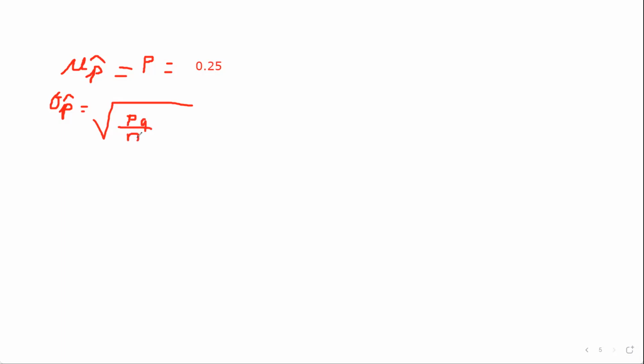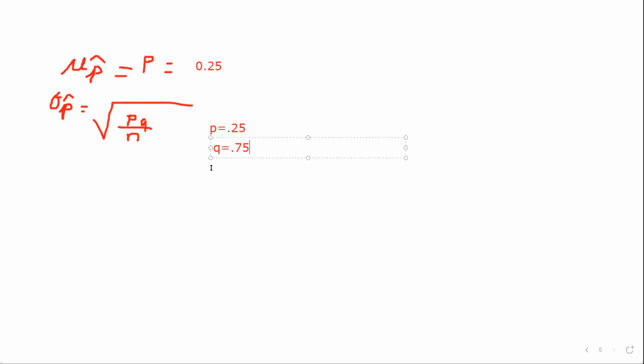Do I know what P is? Yes, it's 0.25. What's Q? Q is 0.75. Just like before, if you forget, you can get it from your assumption step 3, because you tested this product there.